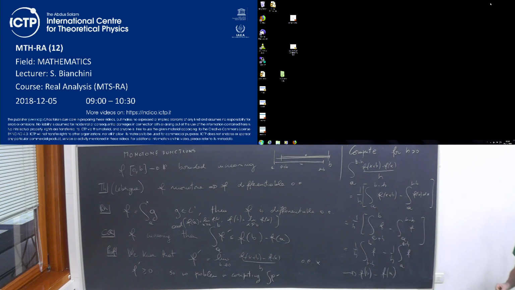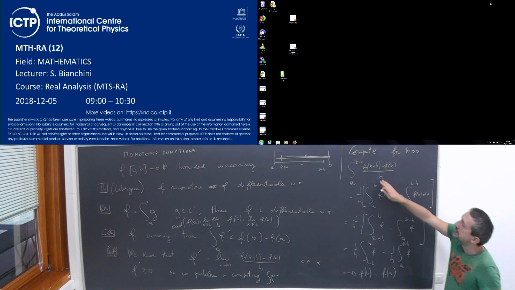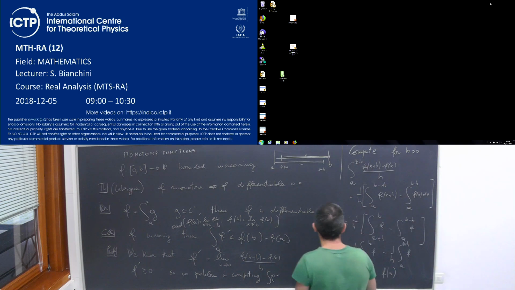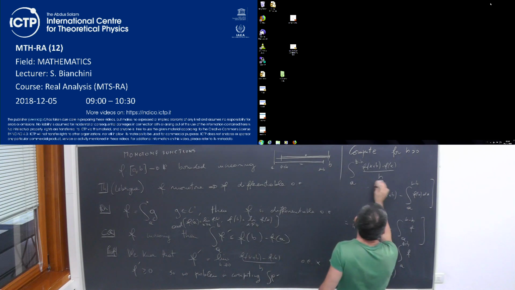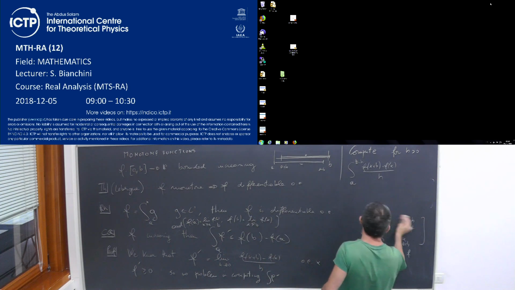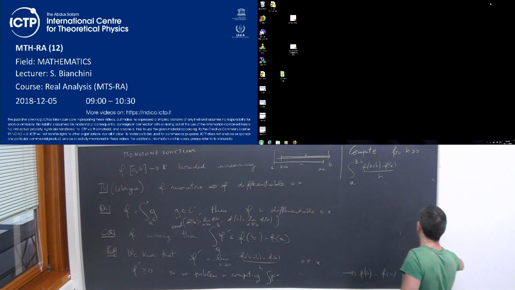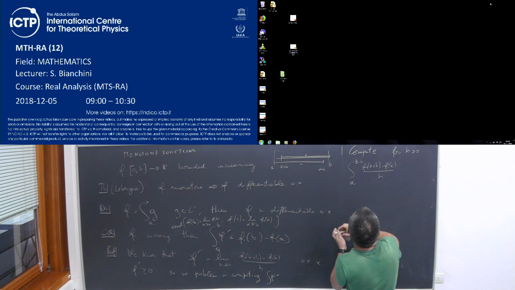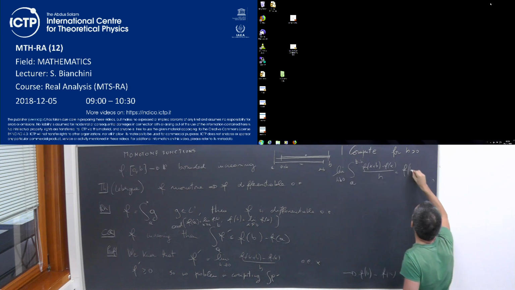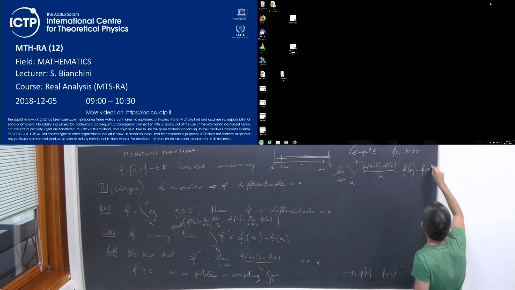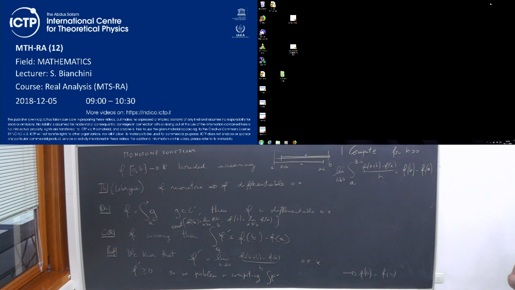So I discover that the limit, as h tends to 0, of this guy is equal to f of b minus f of a. Okay, and now it's just technique. We know what to use.